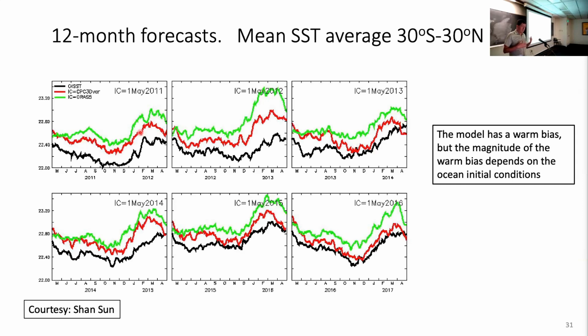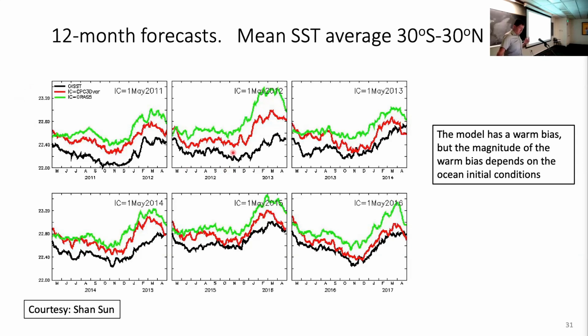So again, there's a lot of memory in those ocean initial conditions, because if you look at, for example, how the green just stays above the red. So again, the ocean has a lot of memory that we need to account for, and we need to get the initial conditions as close to truth as possible.